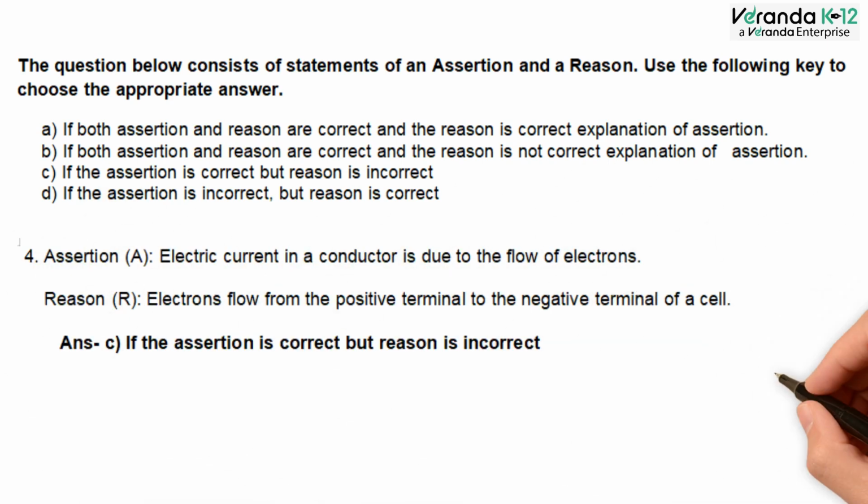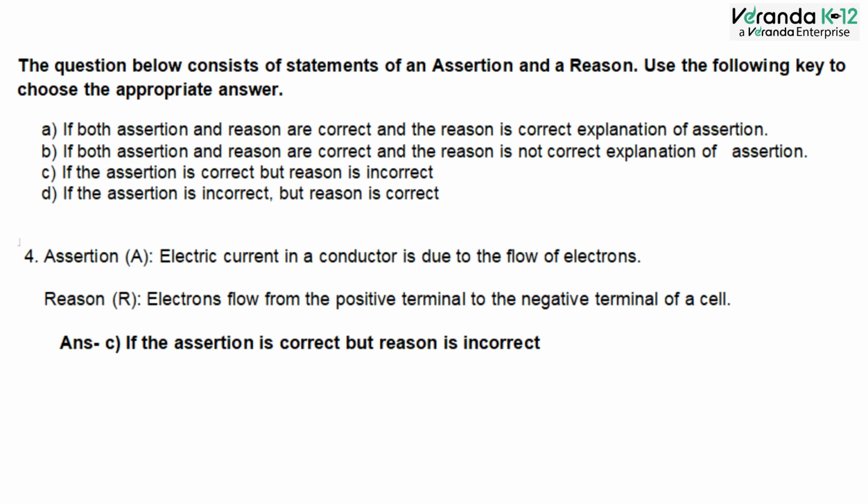Question 4. Assertion. Electric current in a conductor is due to the flow of electrons. Reason. Electrons flow from the positive terminal to the negative terminal of a cell. Answer is option C. The assertion is correct but the reason is incorrect. We know that in metallic conductors, free electrons move when a potential difference is applied and it constitutes the electric current.